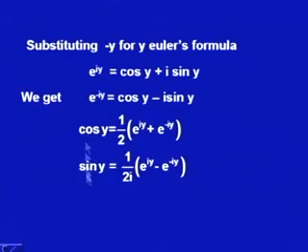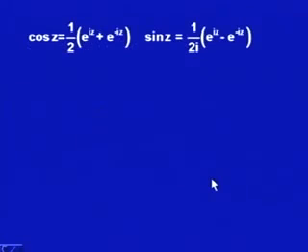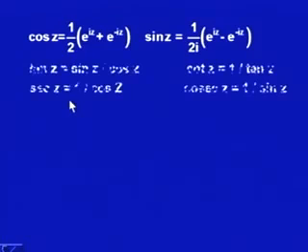Similarly, if I subtract, then sin y is obtained as (1/2i)(e^(iy) - e^(-iy)). Using this, we can extend the idea to the cosine function of a complex variable z as cos z = (1/2)(e^(iz) + e^(-iz)), and sin z = (1/2i)(e^(iz) - e^(-iz)). That is how we introduce sine and cosine functions of complex variables z, in terms of exponential functions.